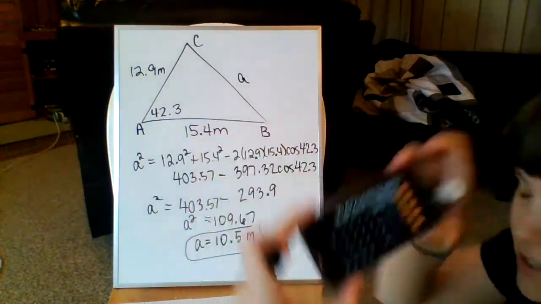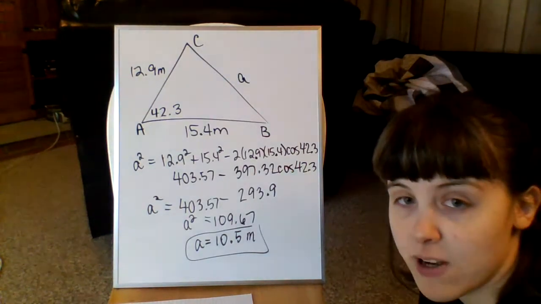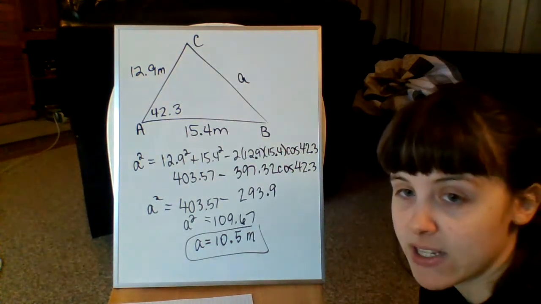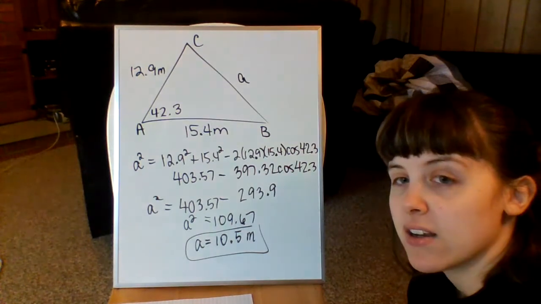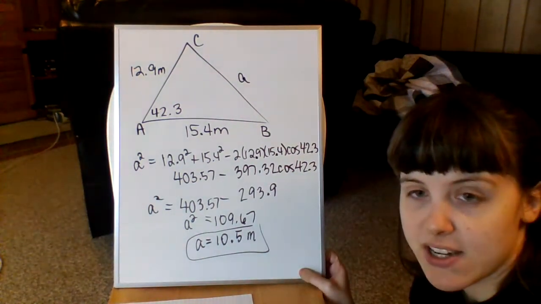Alright, so that is how you use law of cosines to find missing sides of a triangle. I would highly suggest writing this out on a piece of paper when you do it so that you can see all your steps together. So yeah, that's it. That's law of cosines to find missing sides.